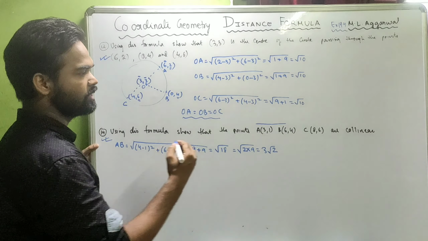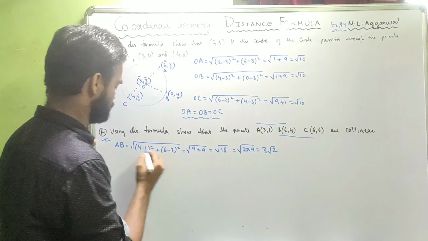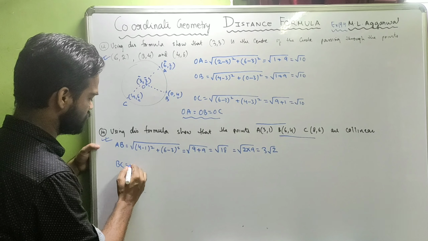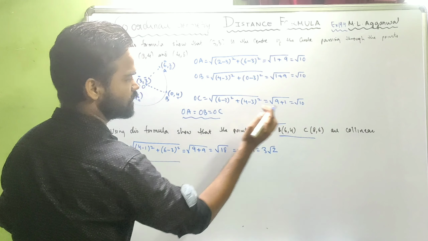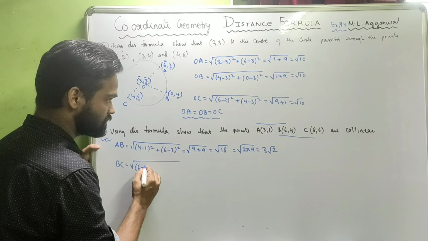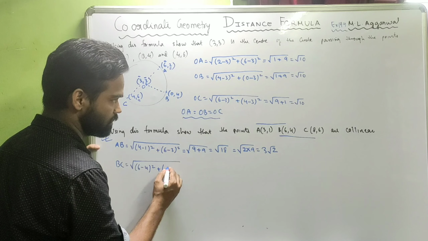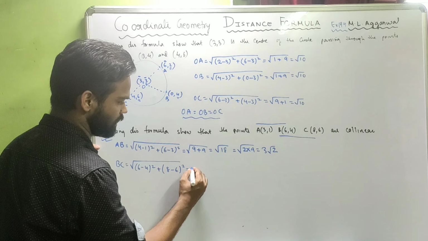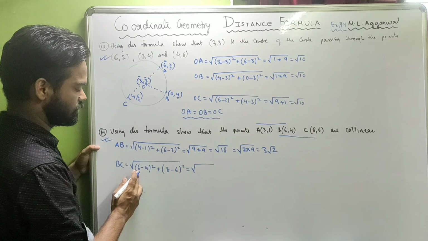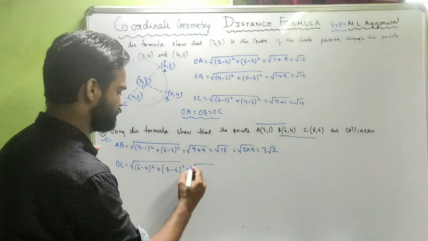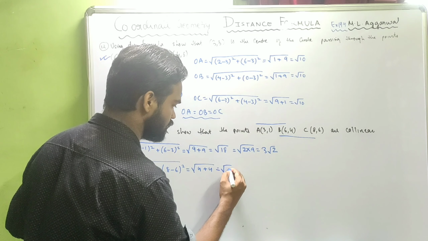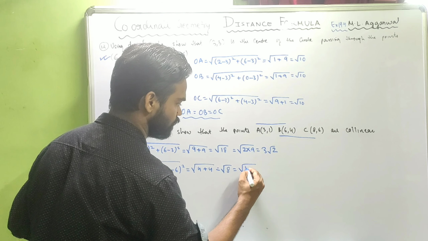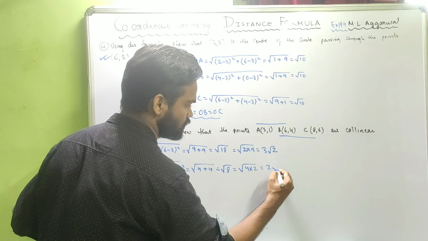Done. Then find BC. Same logic, root over of 6 minus 4 whole square plus x2 minus x1 whole square, that's 2 square, that's 4 plus 4, that's root 8, that's root of 4 multiplied by 2, that's twice root 2.